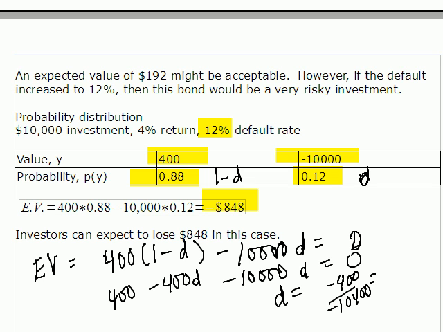I guess I have to use a calculator since I can't remember that off the top of my head. All right, I come up with 0.0384, well, round up to 5. Okay, what is that in percent? 3.85%. At that default rate, the expected value would be 0.